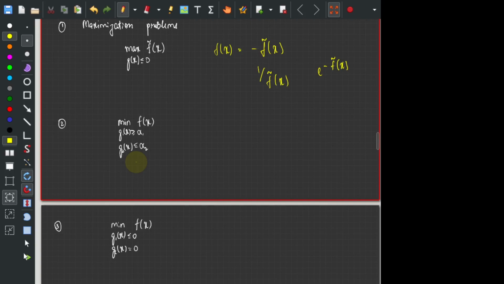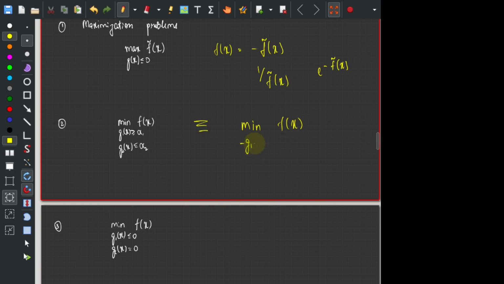Okay, so then this is the same as minimization of f of x subject to, how do you rewrite the first constraint?